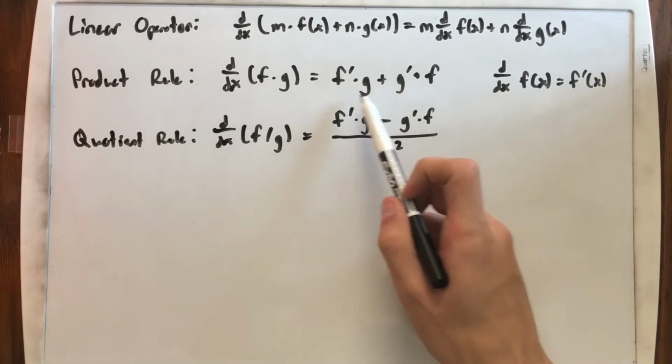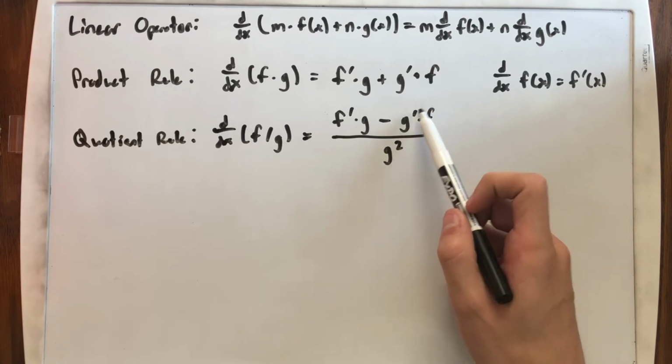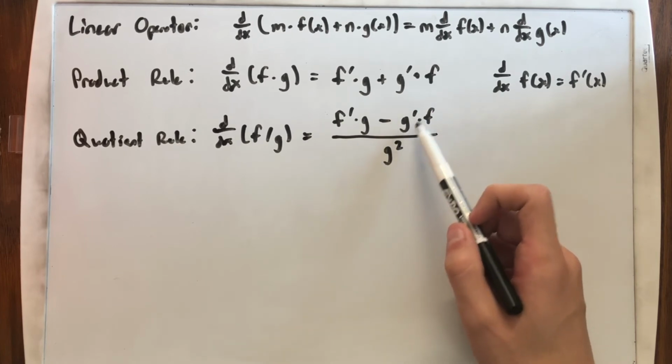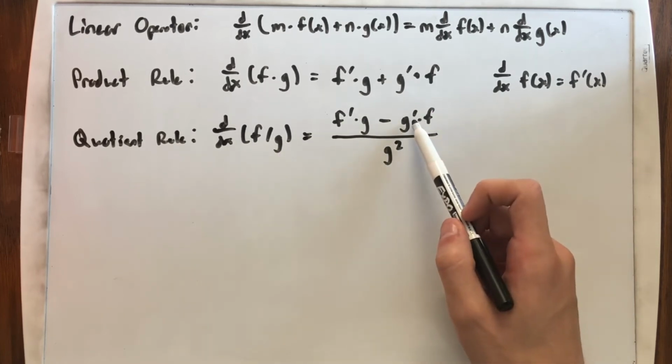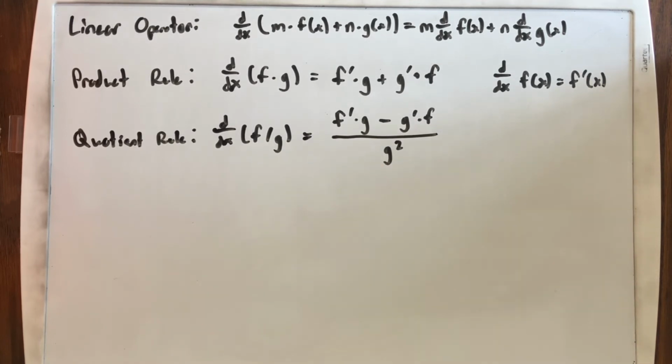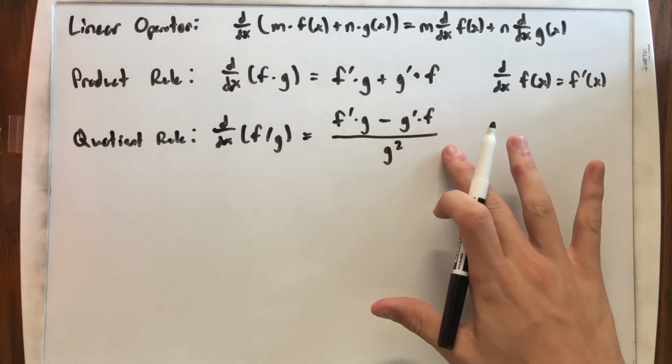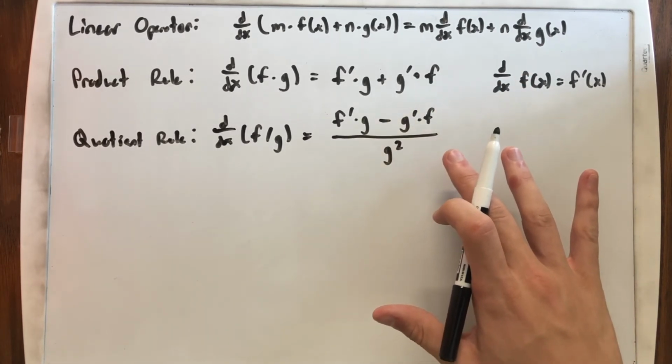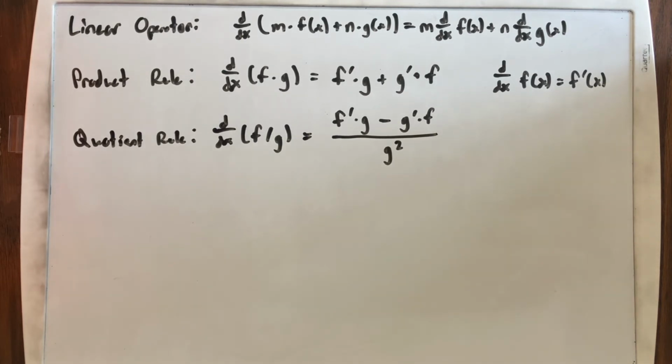So all you have to do is basically take this product rule, make sure you add a negative sign where the bottom one is the derivative, and divide by the bottom squared. And these again you can prove using the limit definition, which we will likely go over in a future video.